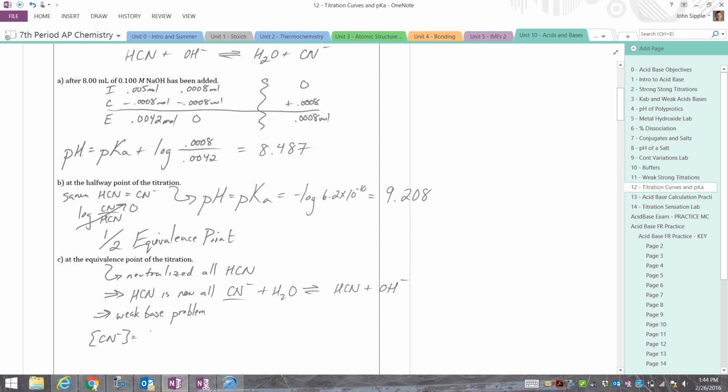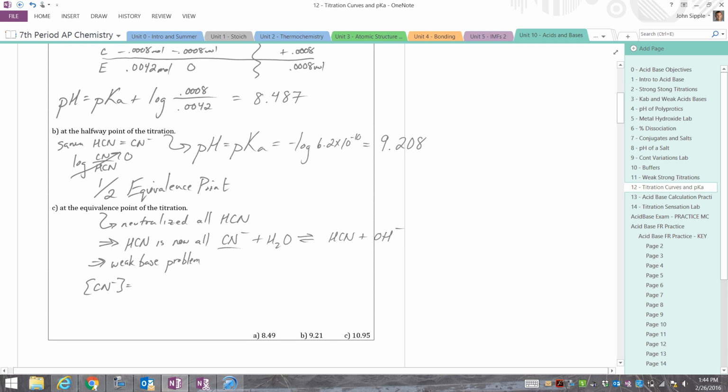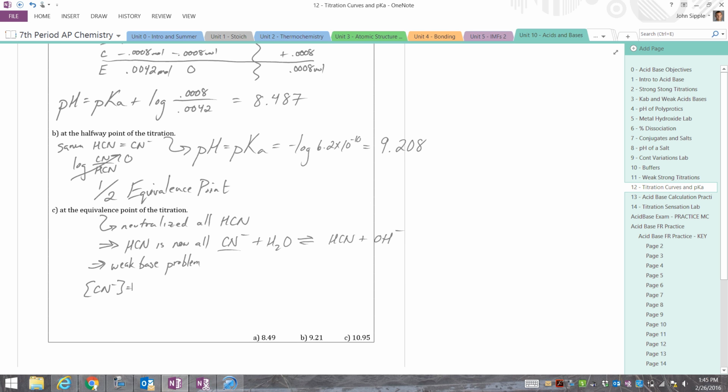We've got to know that if we're going to do a weak base problem. We also need to know Kb, because we have an expression here with OH minuses being made.